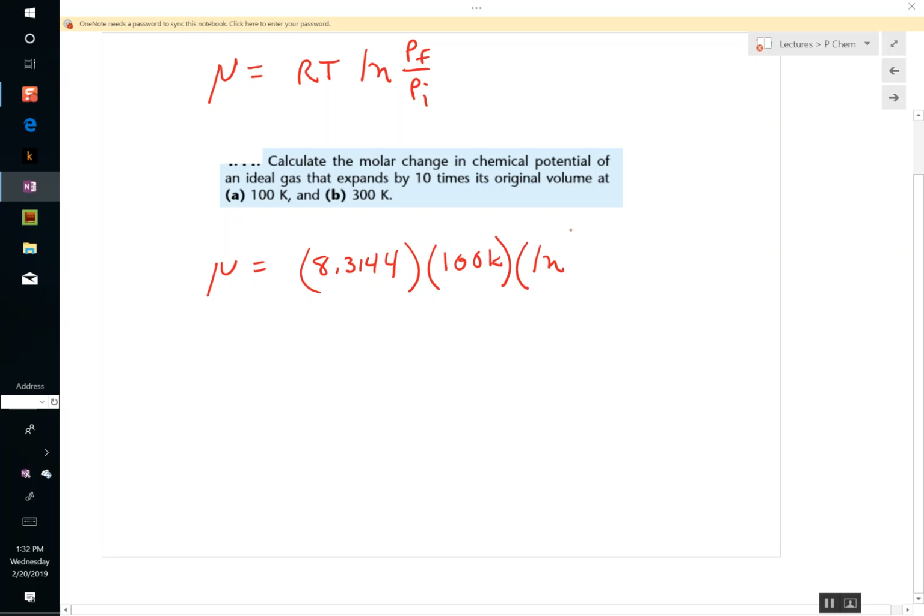So this is actually going to end up being VI over VF, right? Do that: VF over VI, and put a negative in front of it. It expands, so the final volume is 10 times the original volume. Yeah, that's 19 and 57.